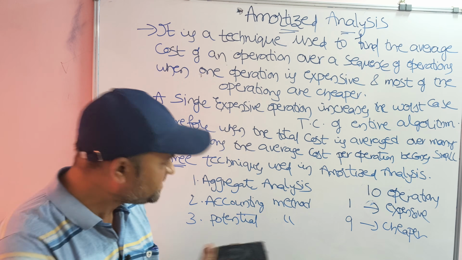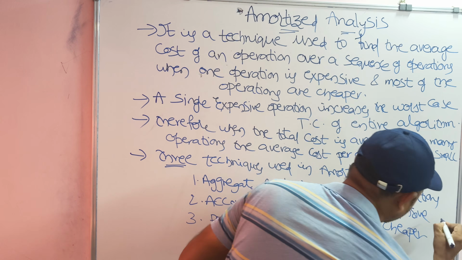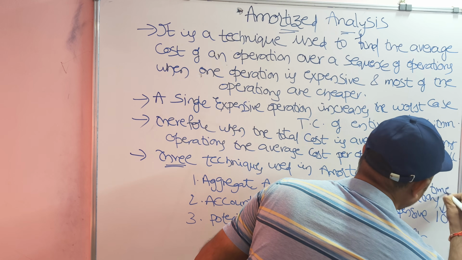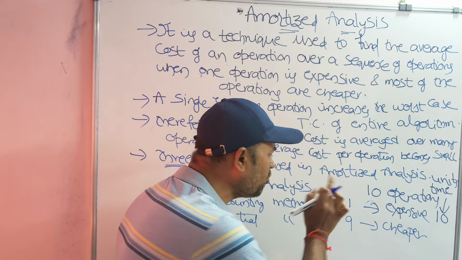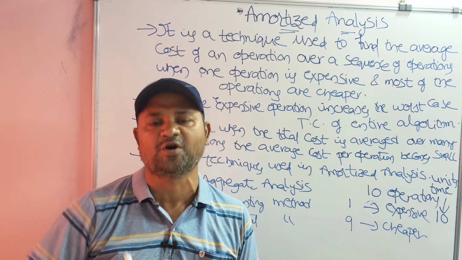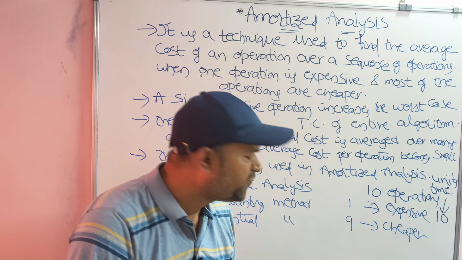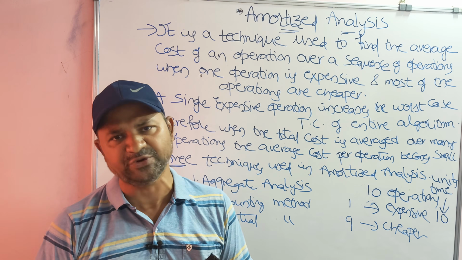Let us assume that performing this expensive operation requires 10 time units. So 10 time units are required to perform only one expensive operation, whereas to perform a cheaper operation, we require only one time unit.